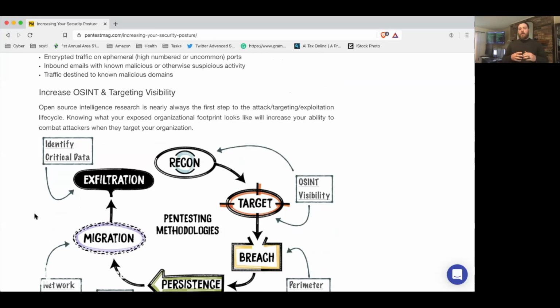The way that a lot of OSINT researchers, or open source intelligence researchers, perform those actions is by doing open source intel research on your domain or your organization itself. What does that mean? It might mean, can I identify key proprietary personnel and their email addresses or phone numbers, personal email addresses, cell phone numbers, desk phone numbers, whatever it is.